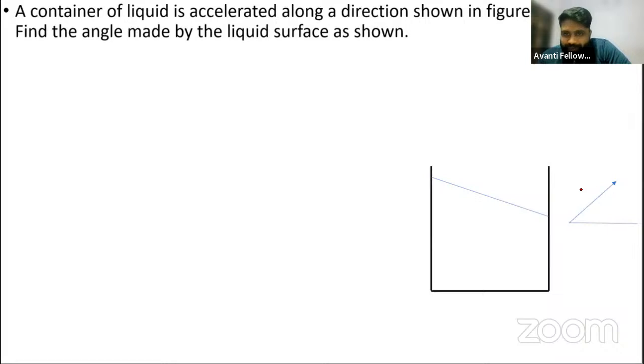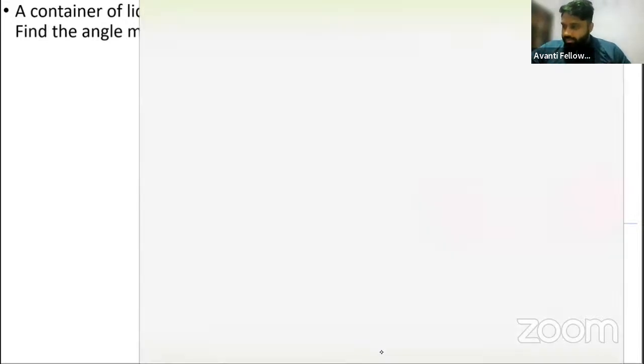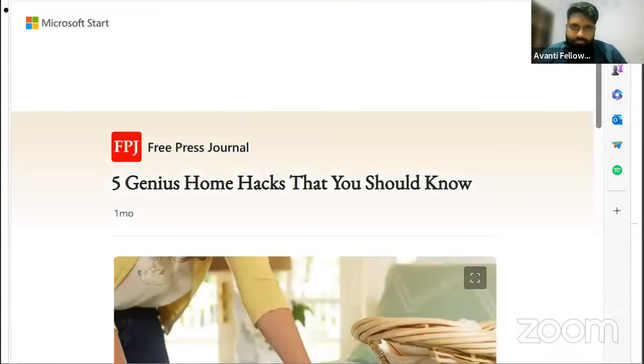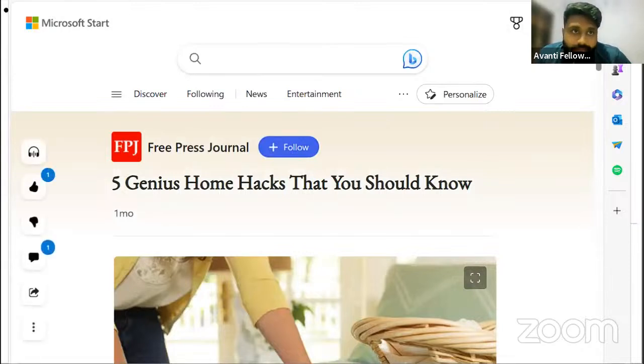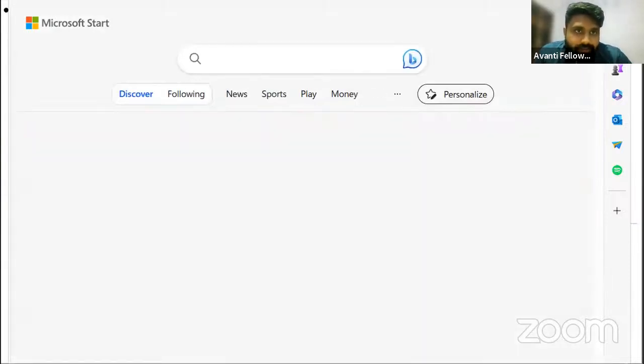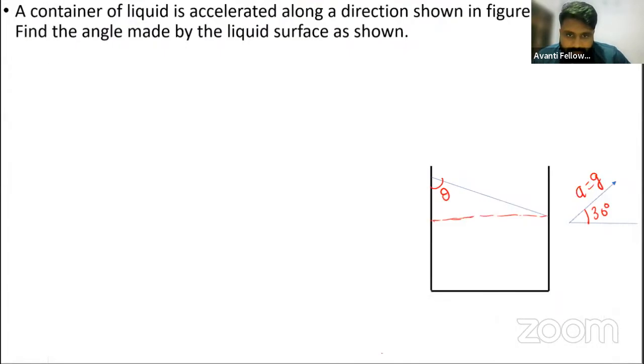Now this question you have to do. Here the acceleration is g and this angle is 30 degree and you have to calculate this angle. So try to solve this question. A container of liquid is accelerated along a direction shown in the figure.